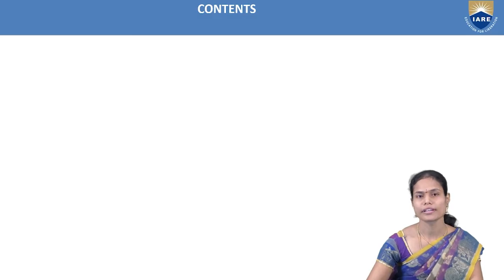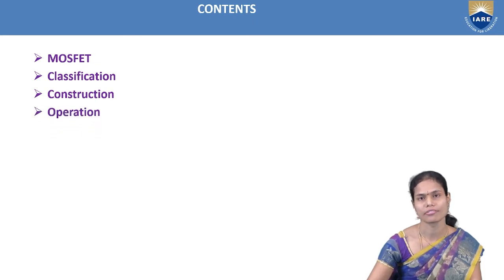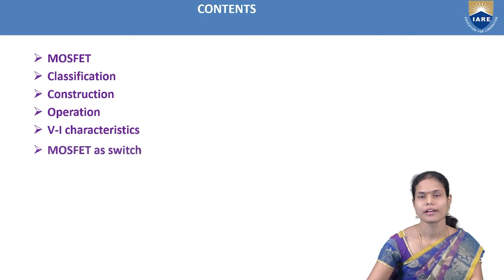In the contents, I am going to discuss what is meant by MOSFET, the basic differences between the BJT and MOSFET, the classifications of MOSFET, the constructional details of different types of MOSFET, the operation of different types of MOSFET, and the voltage current characteristics of MOSFETs. And next, the application of the MOSFET, that is how we can use it as a switch.